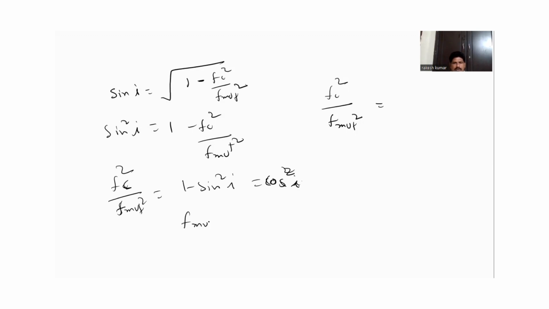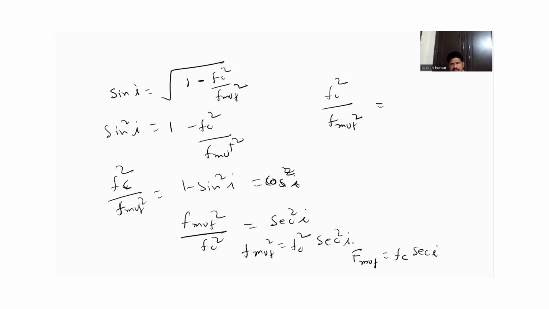So similarly, f naught whole square by fc square is equal to 1 by cos square i, which is secant square i. Therefore, f naught whole square is equal to fc square into secant square i. Finally, the expression is f naught is equal to fc into secant i.